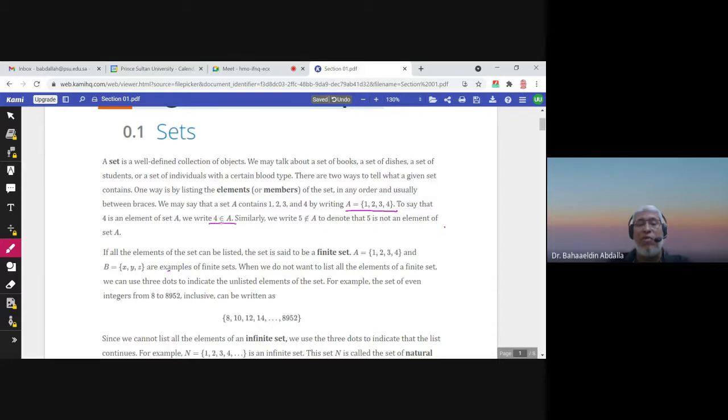We say 4 belongs to A, or 4 is an element of the set A. If we write it like this, this means that 5 is not an element of the set A. If all the elements of the set A can be listed, the set will be called a finite set. So for example here, this set has 4 elements, and this set B has 3 elements. So these are finite sets.